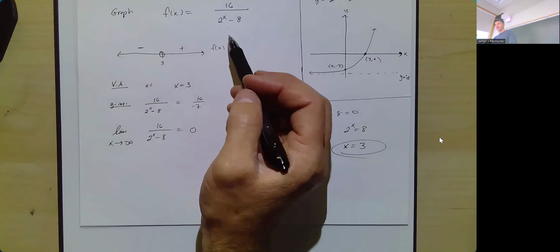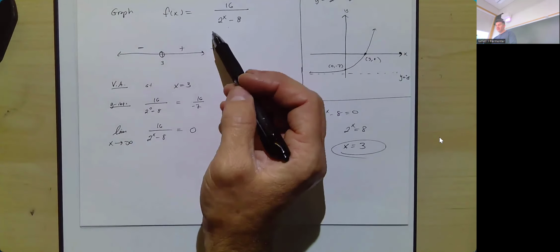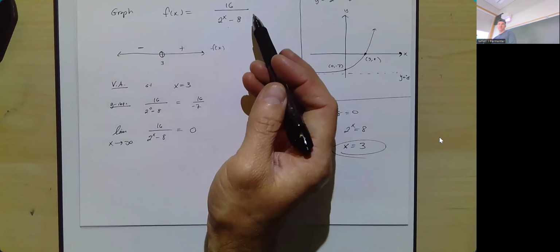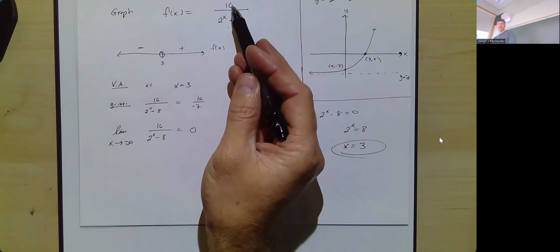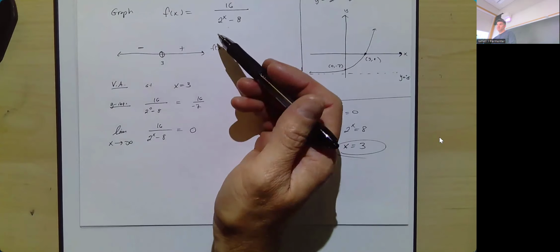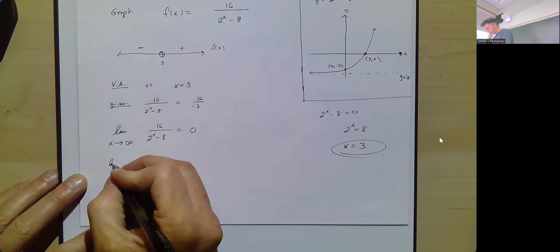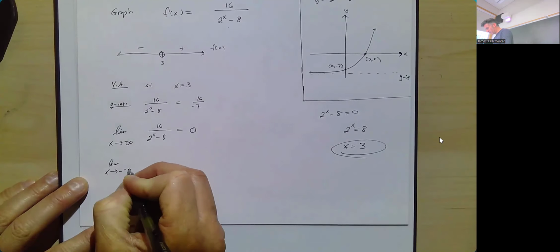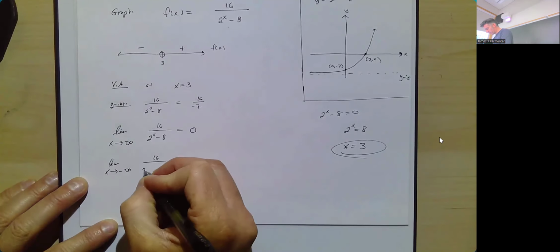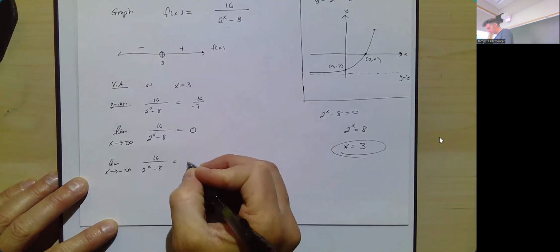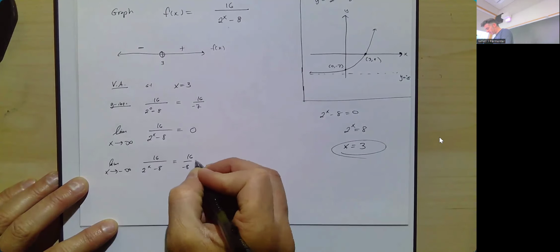So if my denominator is getting really, really close to negative 8, then the whole fraction is getting really, really close to 16 divided by negative 8, which is negative 2. So the limit as x approaches negative infinity of 16 over 2 to the x minus 8 is going to be 16 divided by negative 8, which is negative 2.